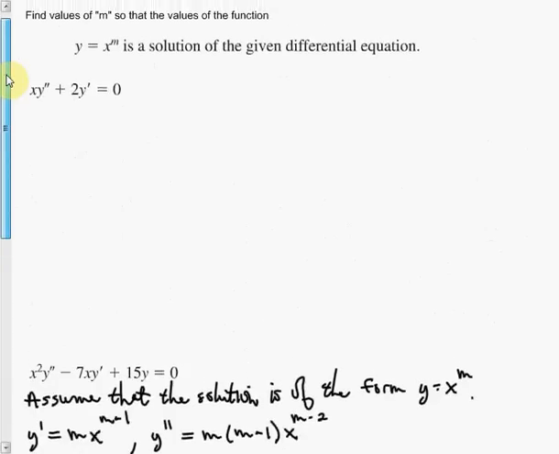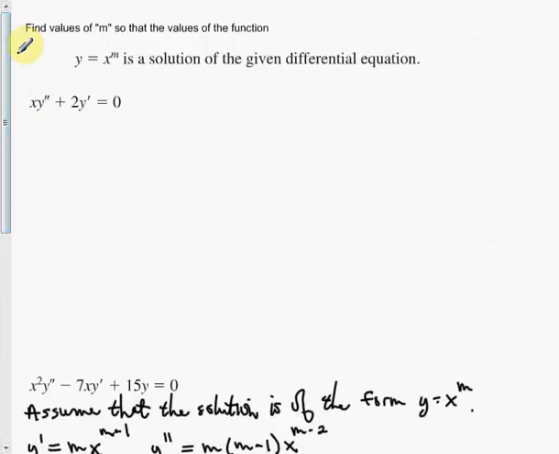Here, we assume that x is on the open interval from 0 to positive infinity. So we assume that the solution is positive and that the solution is not 0.